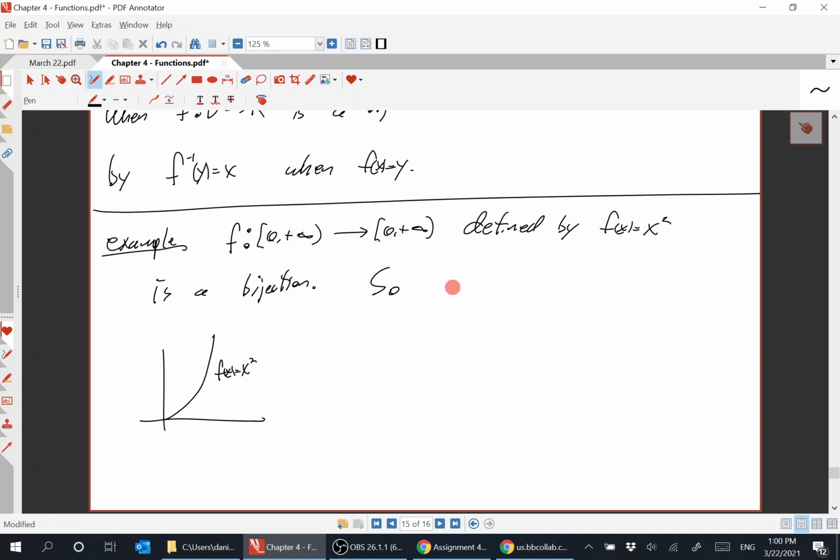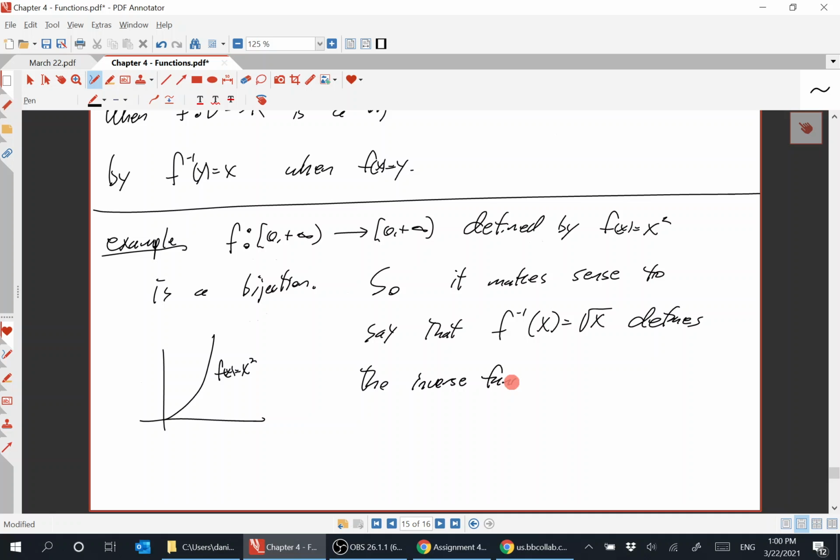So it makes sense to say that f inverse of x is equal to square root x defines the inverse function from 0 to plus infinity to 0 to plus infinity.